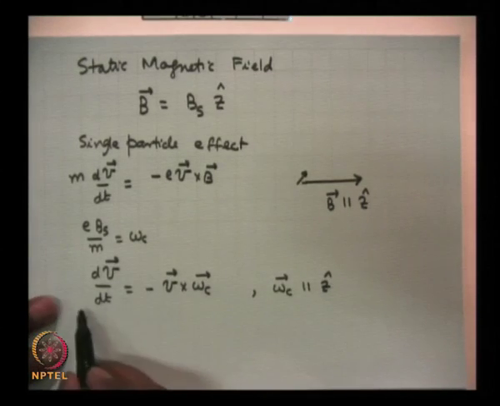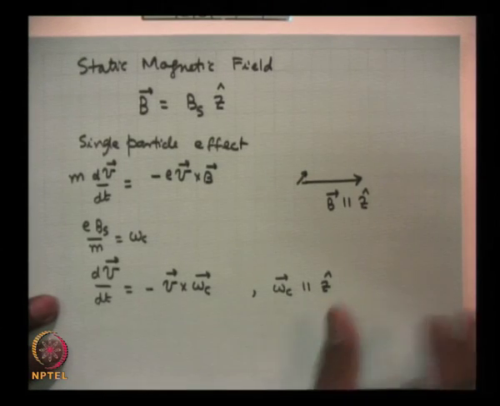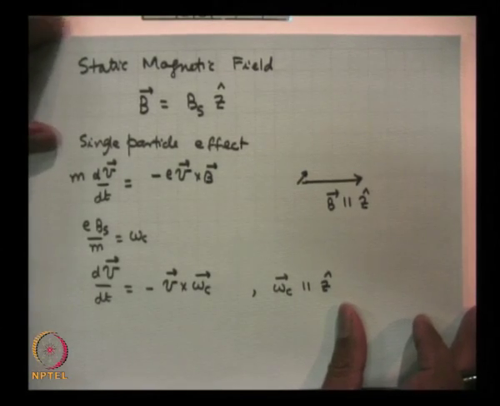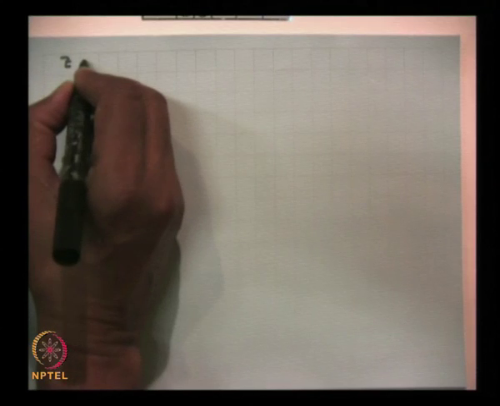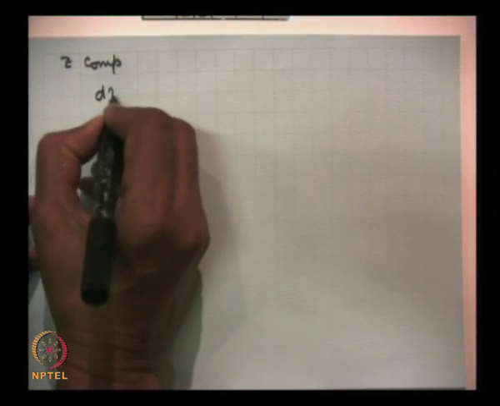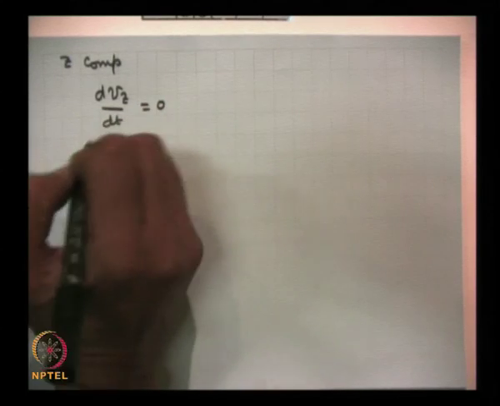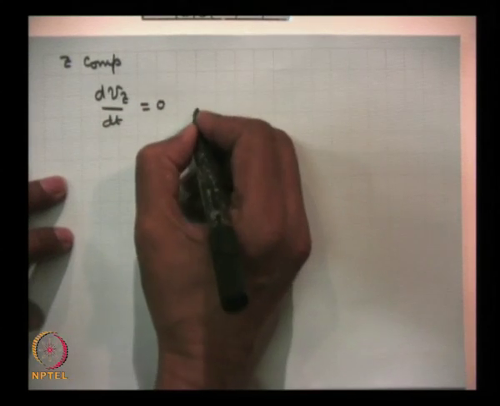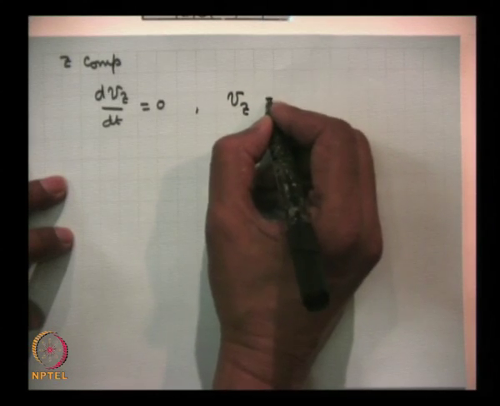So, I want to solve this equation, a simple equation, but this has very rich physics. First of all, I will write down the z component of this equation. It becomes dvz by dt equal to 0, which means that the particle velocity in the z direction will be constant.